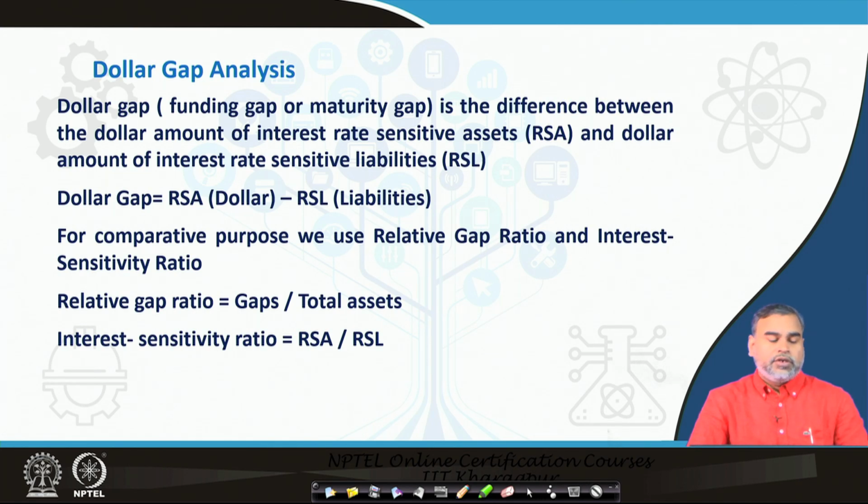One is the relative gap ratio, which is measured as the gap divided by total assets. Another is the interest sensitivity ratio, which is total rate sensitive assets divided by rate sensitive liabilities. Once these ratios are considered, comparison is relatively possible, even if the total assets and total liabilities of the banks vary.